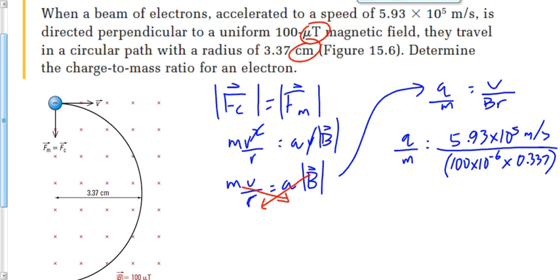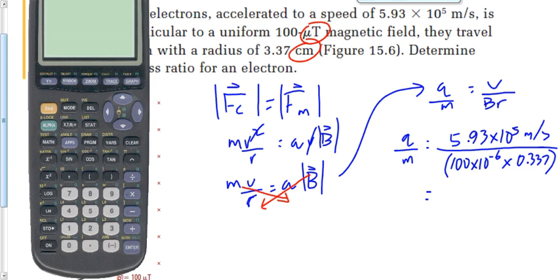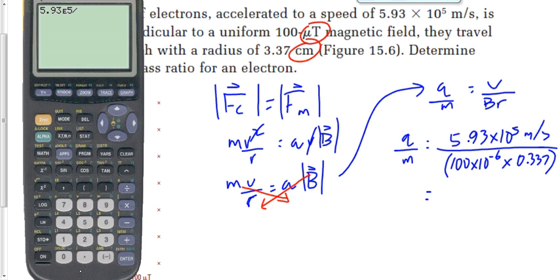Okay, let's figure out what that is. On our calculators, let's say 5.93 times 10 to the 5 divided by, use some brackets on the bottom here, 100 times 10 to the minus 6 times 0.337. And when we do that math, it works out to be, look at that, 1.76.